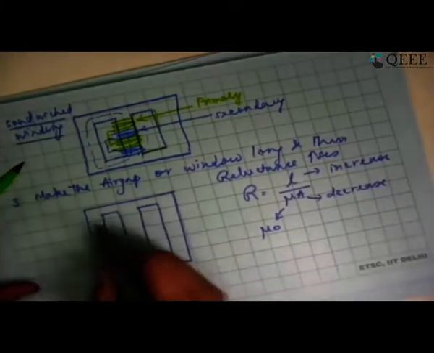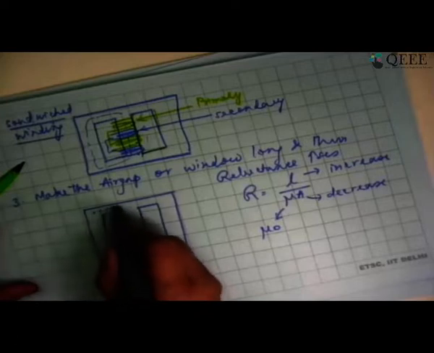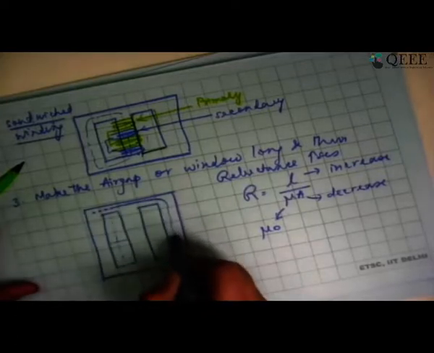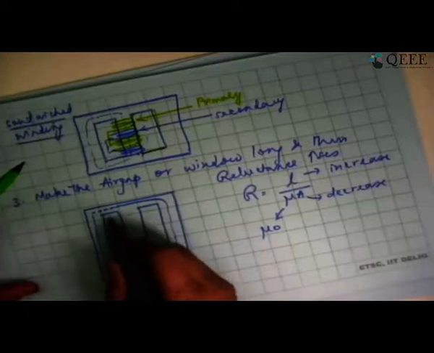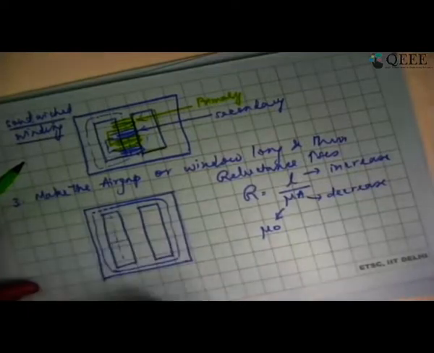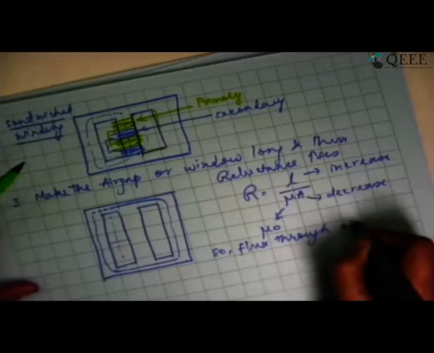If the reluctance increases, obviously the flux will try to flow through the less reluctance path, just like how the current will flow through the less resistance path. So it will try to avoid the larger reluctance path, which is the air gap. So flux through the air gap will decrease.